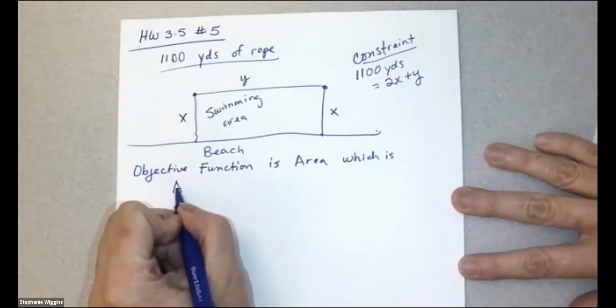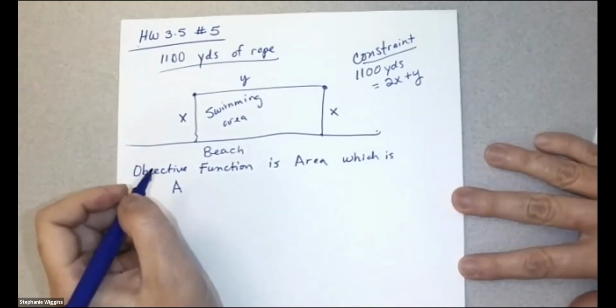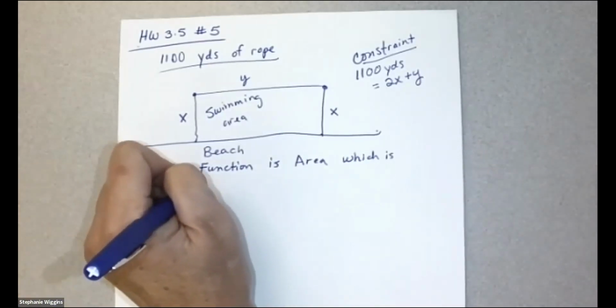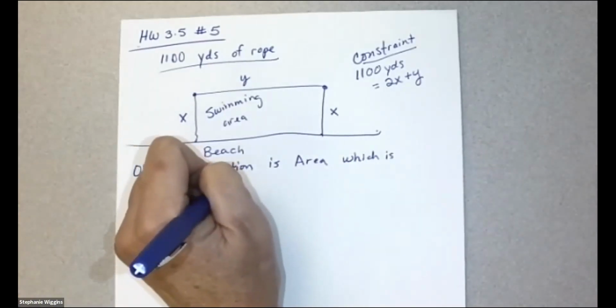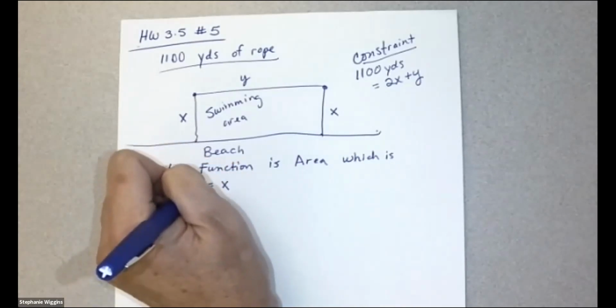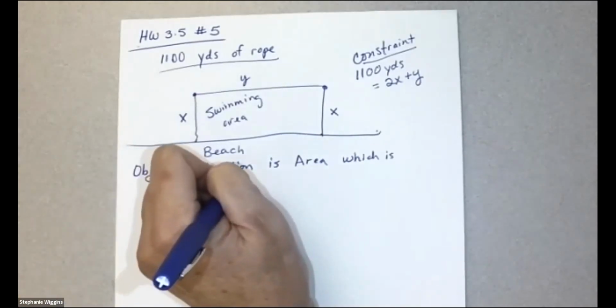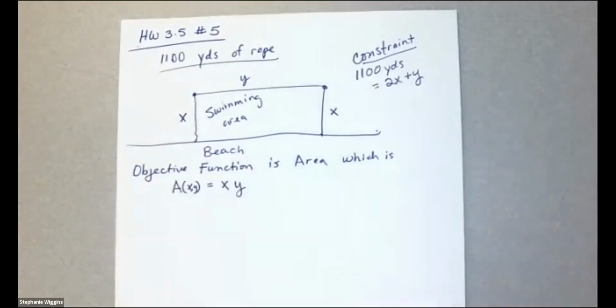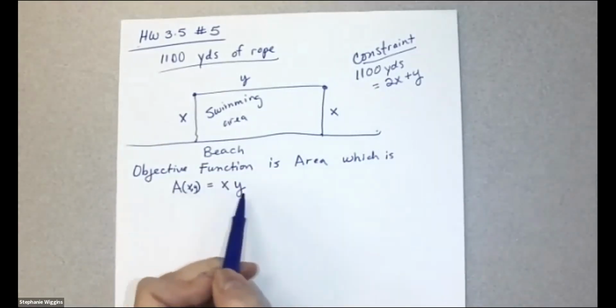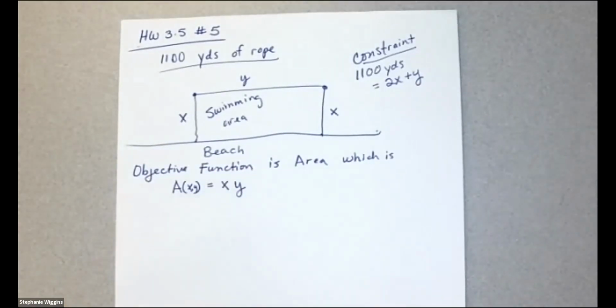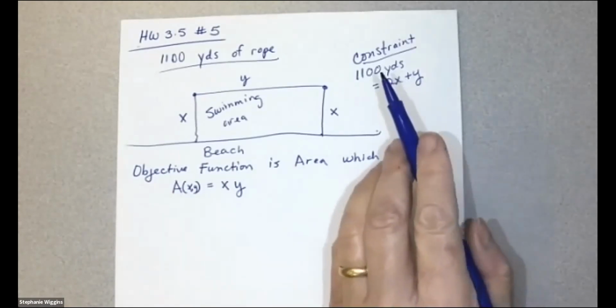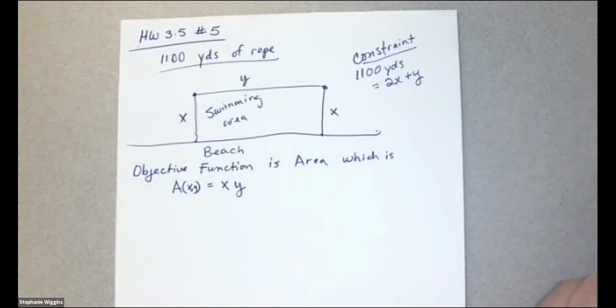So notice it's a function of x and y, and it's a multivariable function. Okay, but we don't want a multivariable function. We can't maximize that, so we have to use our constraint and make a substitution.